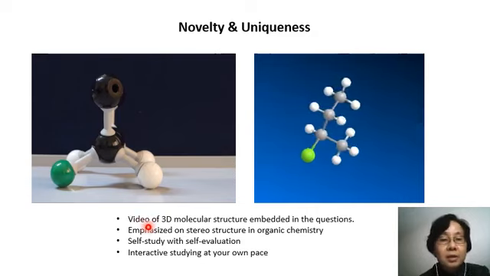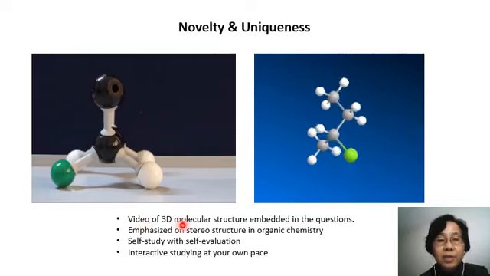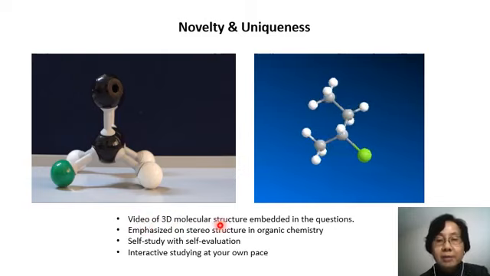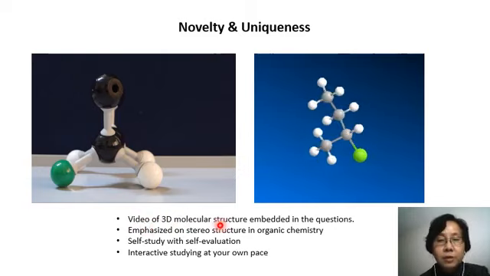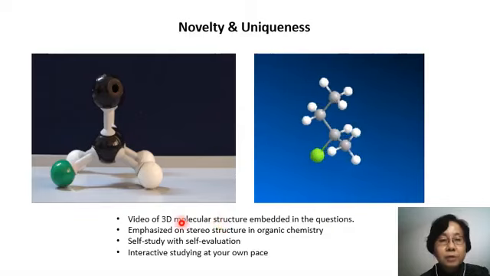So in our ACCoMOL, we emphasize the video of 3D molecular structure embedded in the questions, so that the knowledge that they learn, they can apply onto the 3D model. And we also emphasize a very narrow topic of organic chemistry, which is stereostructure. Like what we have mentioned earlier on, it is an imperative skill for pharmacists nowadays, since a lot of new enantiomerically pure drugs are in the market for registration.